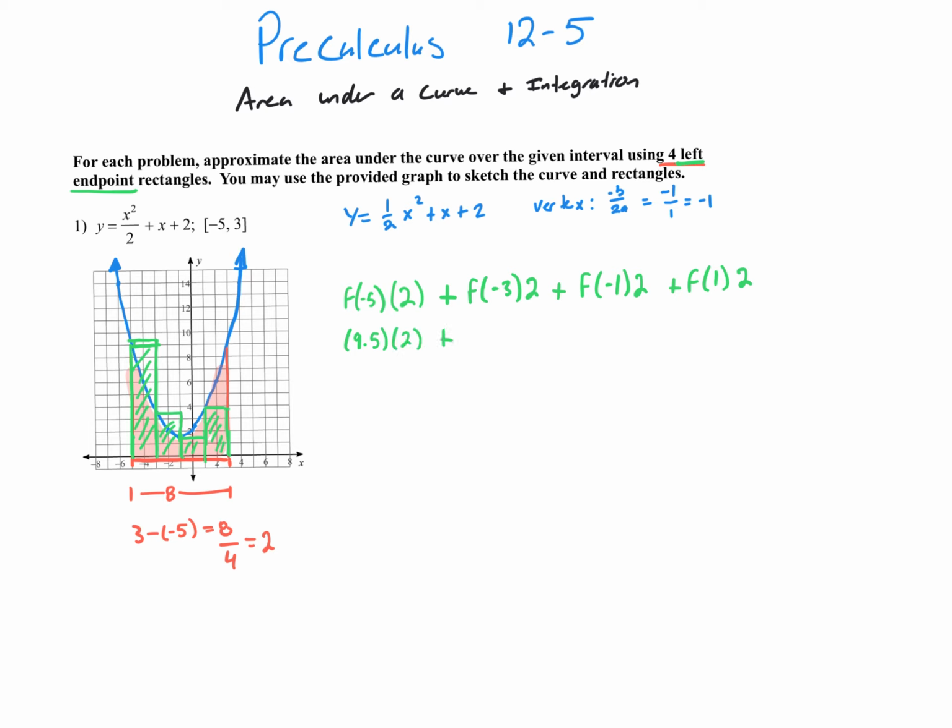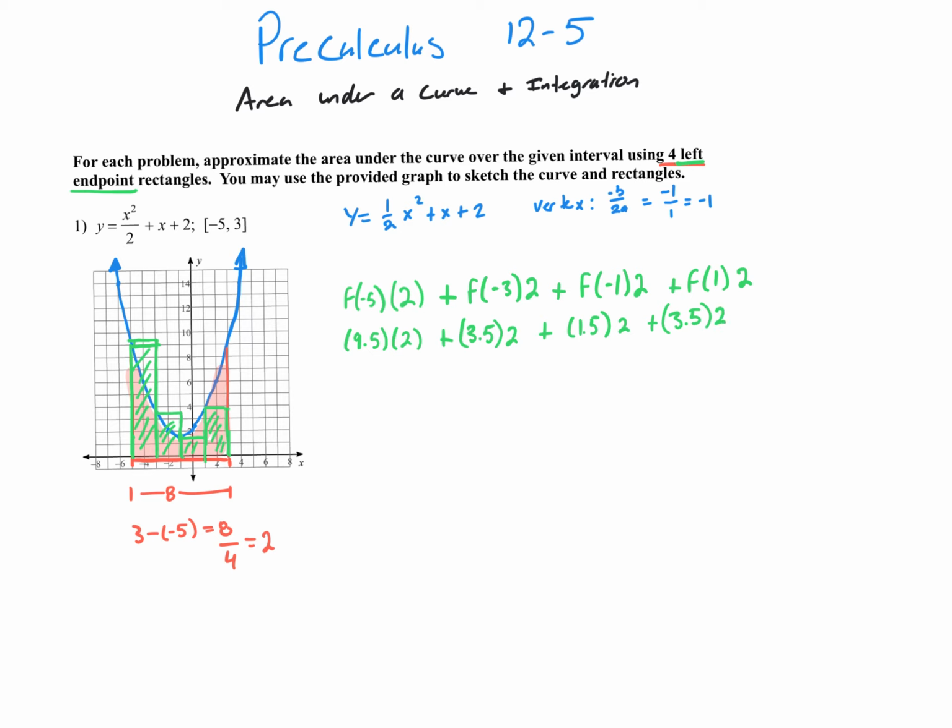F of negative 3 is 3.5 times 2. F of negative 1 is 1.5 times 2. And then f of 1 is 3.5 times 2.